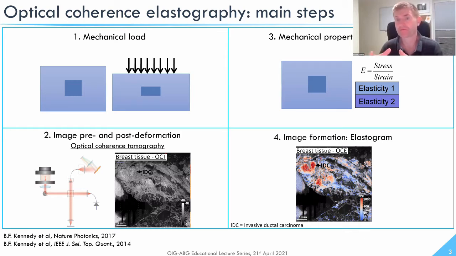We then need, from continuum mechanics generally, some model that describes the deformation of tissue and how that links to material properties, mechanical properties, and that allows us to plot at each pixel in the image the mechanical property. Usually we plot elasticity, and that's transformed into a 2D or 3D image, which we call an elastogram, borrowing the terminology from ultrasound and MRI elastography.